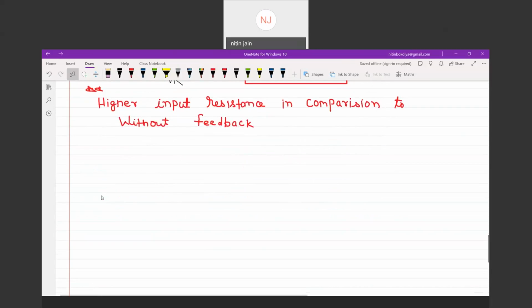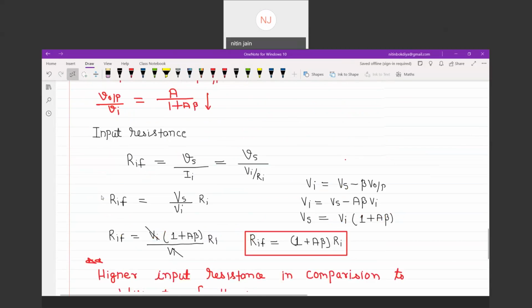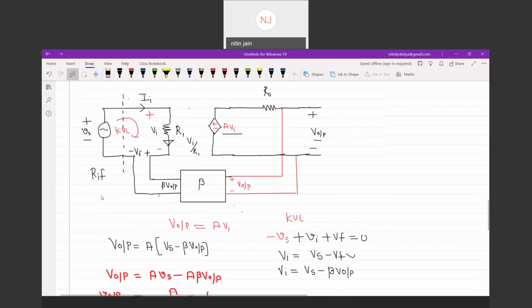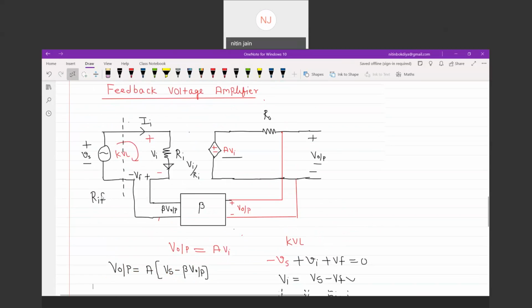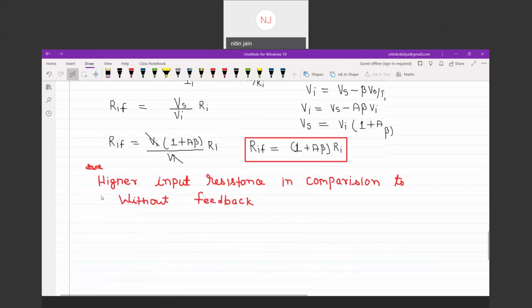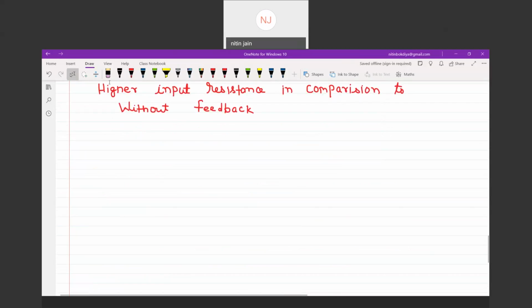Output resistance of a circuit. So how do you get output resistance? You can say output resistance can be obtained by applying one test source. So let's redraw the circuit and make Vs equal to 0 and calculate the output resistance.